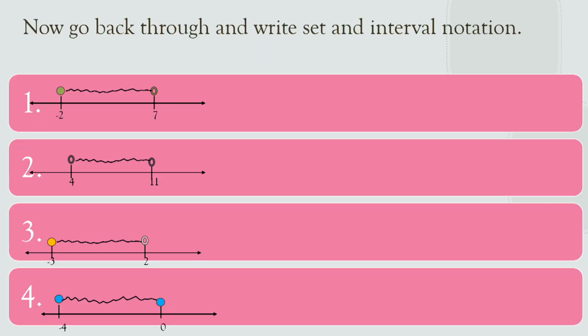All right, so let's go back through 1 through 4 and put those interval and set notations. So number 1, we said it can be the -2 and it goes to 7 but cannot be 7. So then it also says x's such that -2 is less than our unknowns and our unknowns are less than 7.